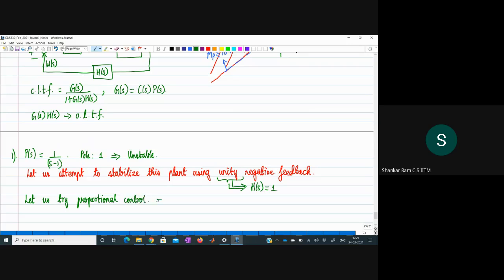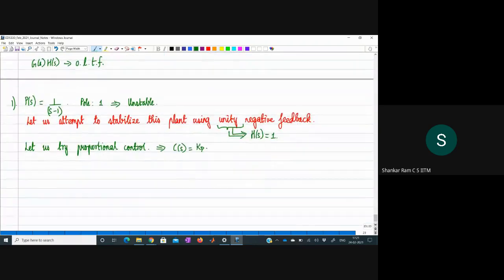So what happens is that if you have a proportional controller, the controller transfer function C of S becomes equal to Kp. Okay. So if it is Kp, G of S, which is going to be equal to C of S multiplied by P of S, is going to be equal to Kp divided by S minus 1.